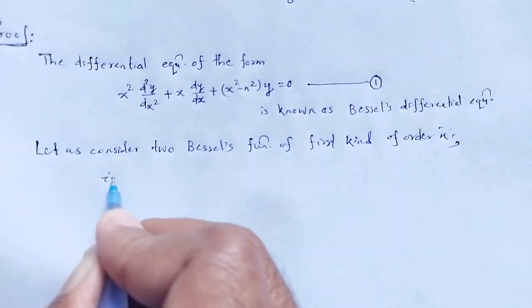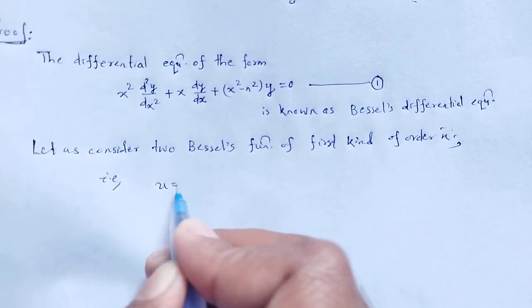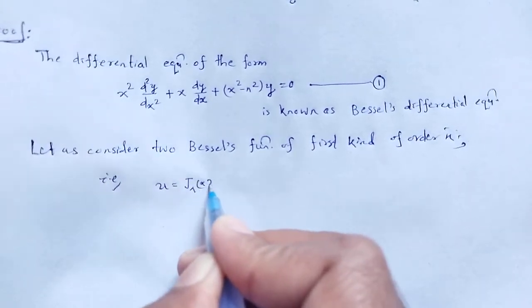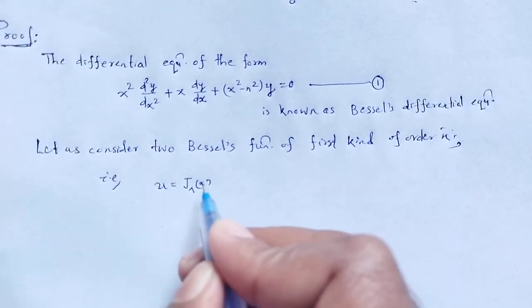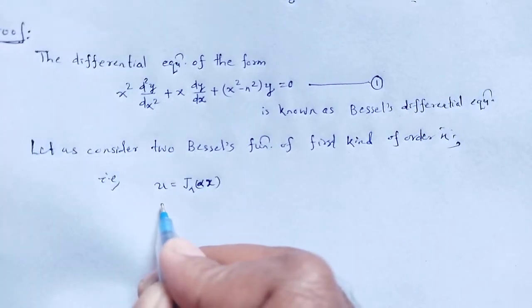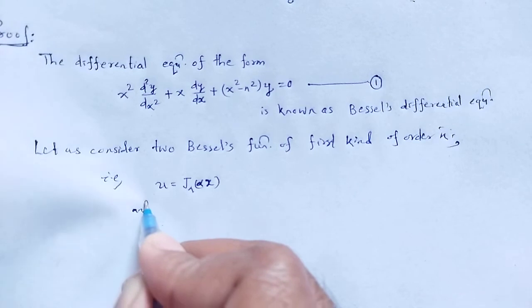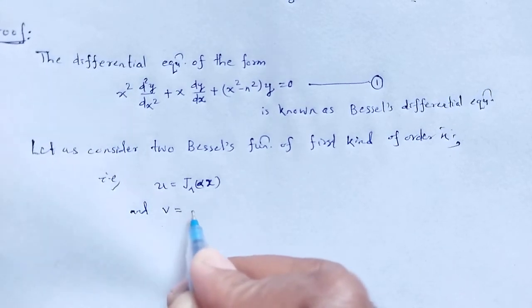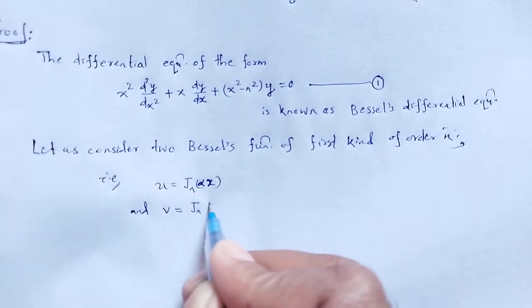That is given as, let u is equal to Jn of alpha x, and v is equal to Jn of beta x.